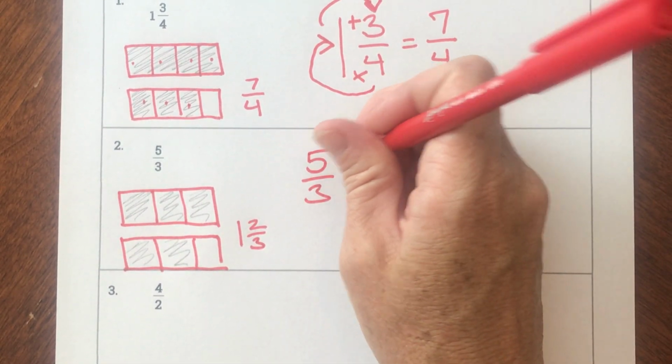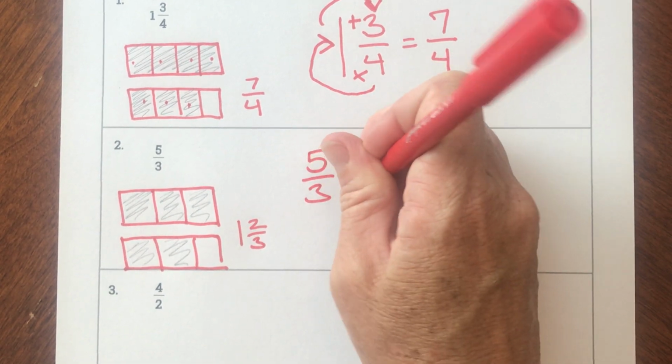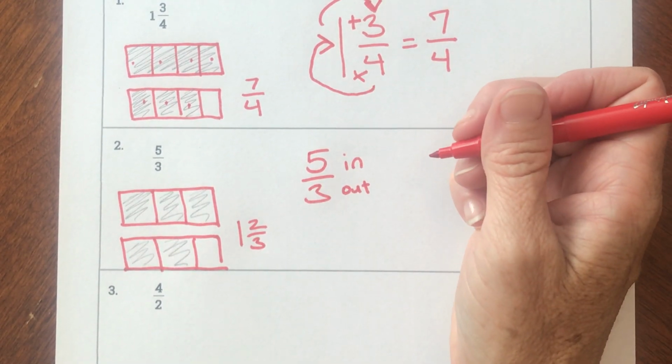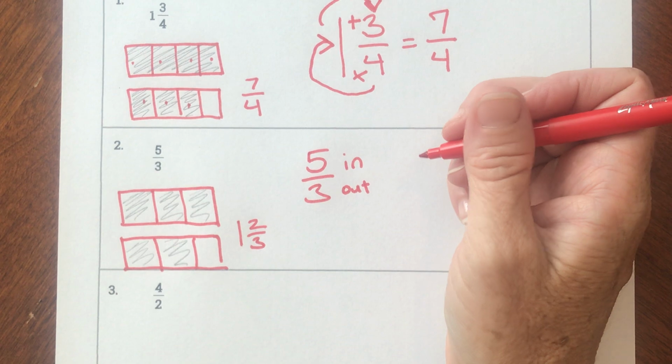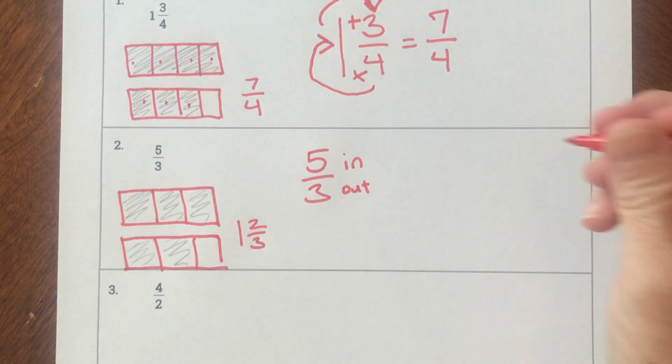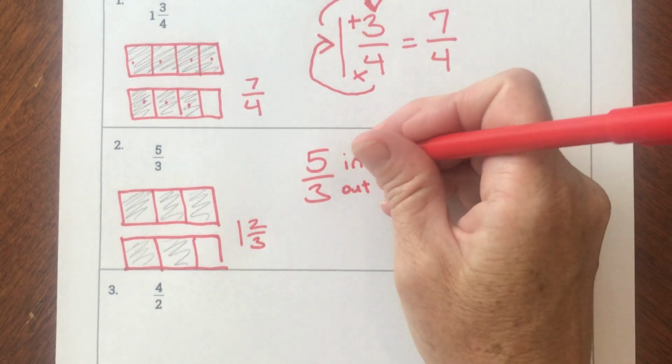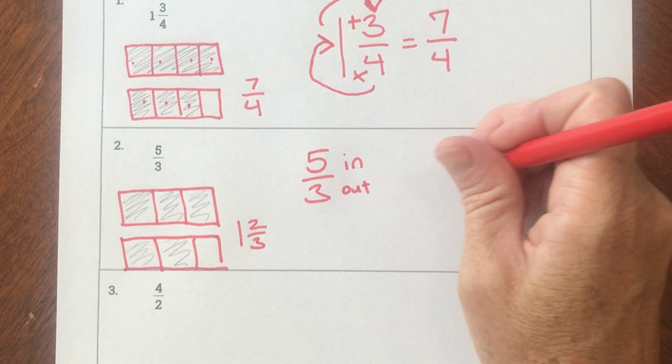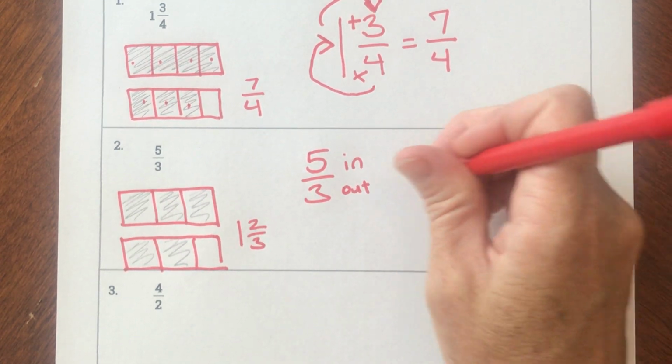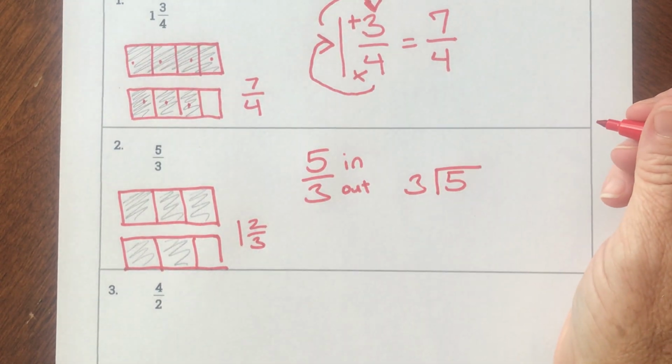So a more efficient way is using something called in and out. Not the hamburger In-N-Out, although I love In-N-Out, but just the strategy of in and out. So I'm going to use division, and I'm going to put the 5 inside and the 3 outside.